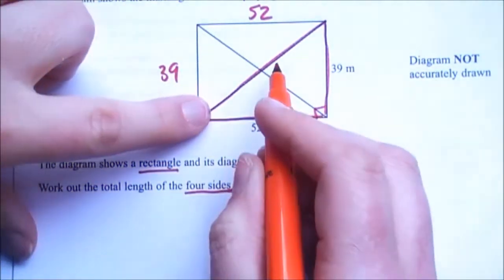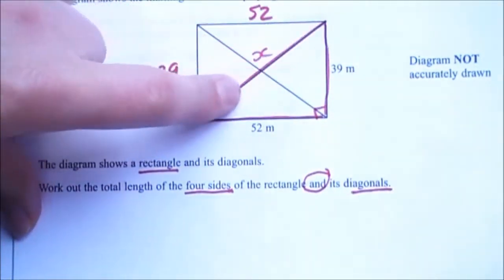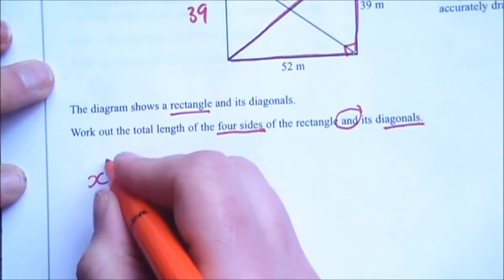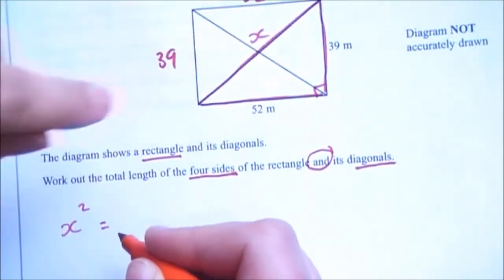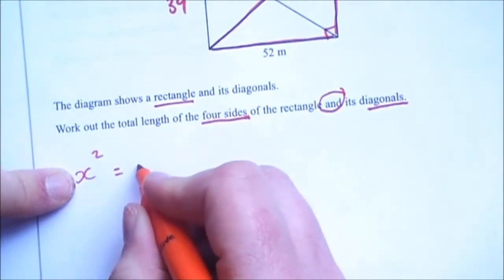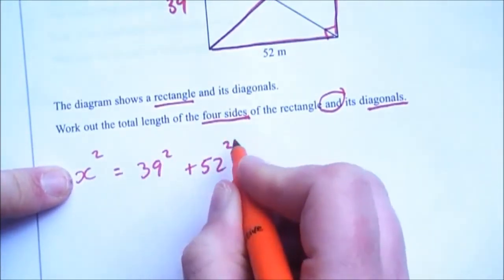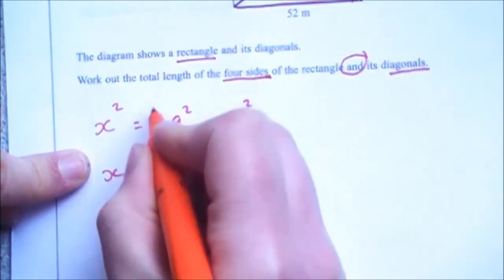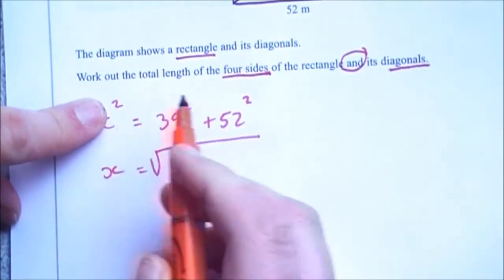So the first thing I'm going to do is find the length of this, and I'm going to call it x. So my diagonal is x. So in order to find x squared, I need to do the sum of the 2 shorter sides squared. So x squared equals 39 squared plus 52 squared. Then I'm going to put that in the square root because I wanted to get rid of that square there.